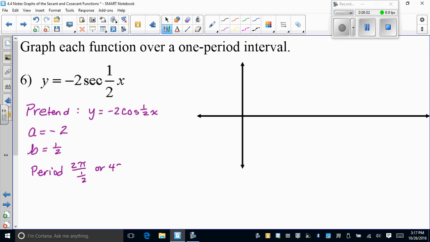Our C value equals 0, and our D value equals 0, so we don't have to worry about those. So I'm going to graph this from 0 to 4 pi. As we've done before, I'm going to mark 4 pi. Halfway there is going to be 2 pi. And I'm going to throw in my quarter points.